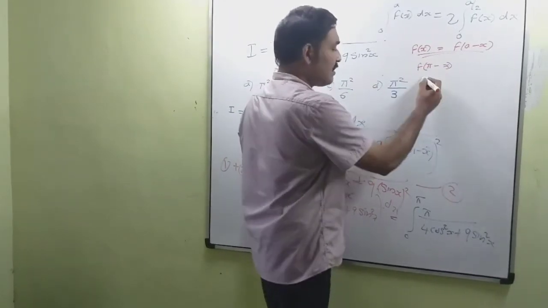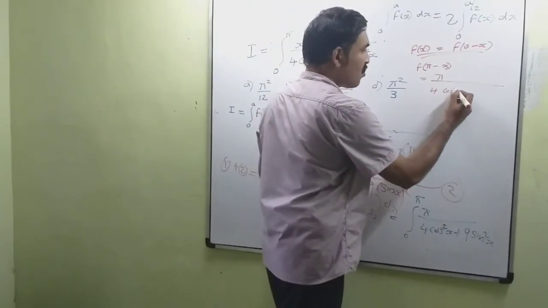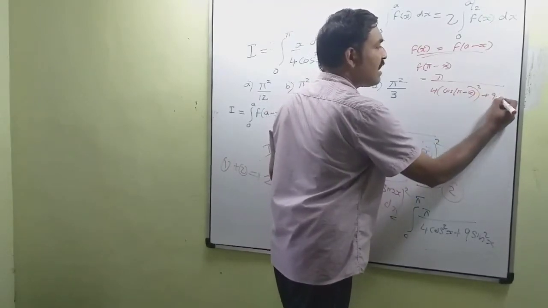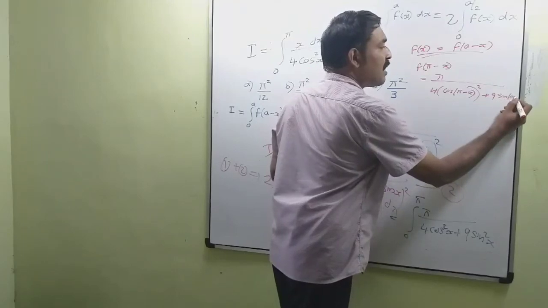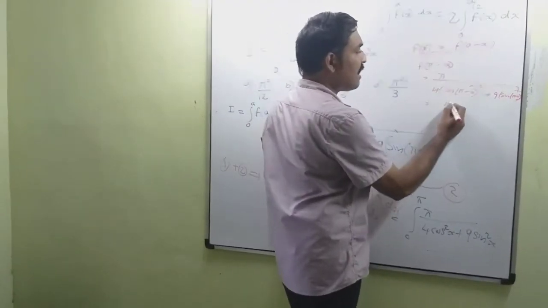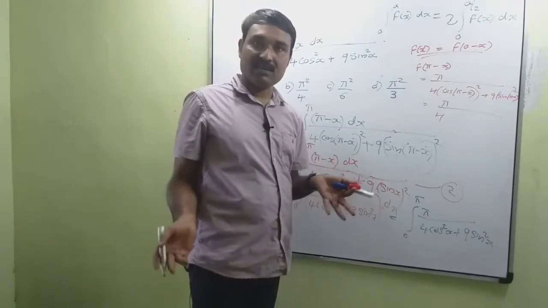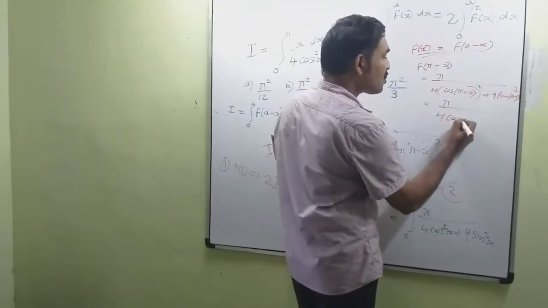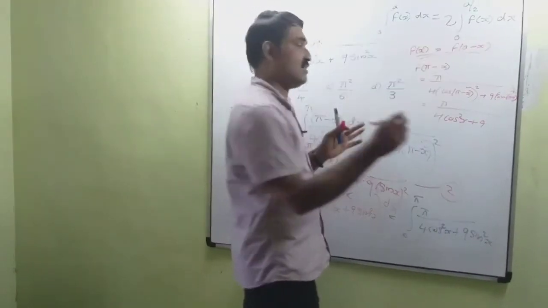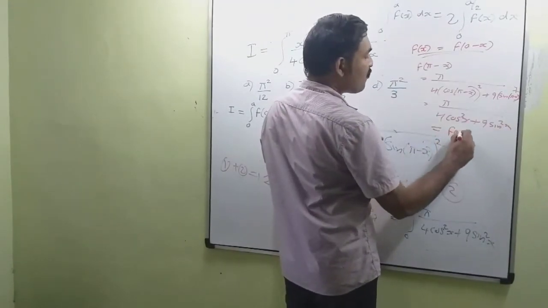Here a is pi. That is equal to pi divided by 4 times cos of pi minus x, the square, plus 9 times sin of pi minus x, the square. So this is equal to pi divided by 4 times minus cos x, the whole square, which is cos square x, plus 9 sin square x. So this is equal to f of x.